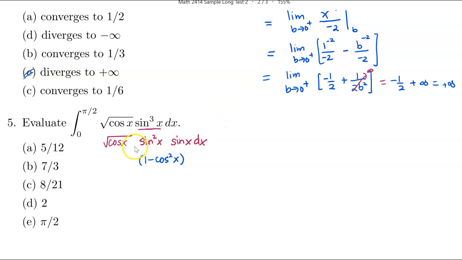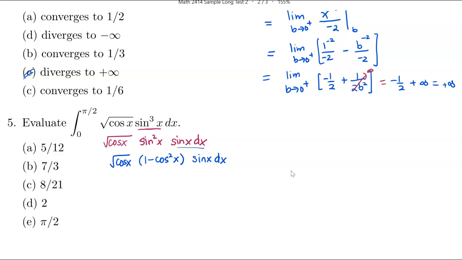Then the square root of cosine x will just be the square root of cosine x, because that's already in terms of cosine. And then you just copy this, so you have sine x dx.